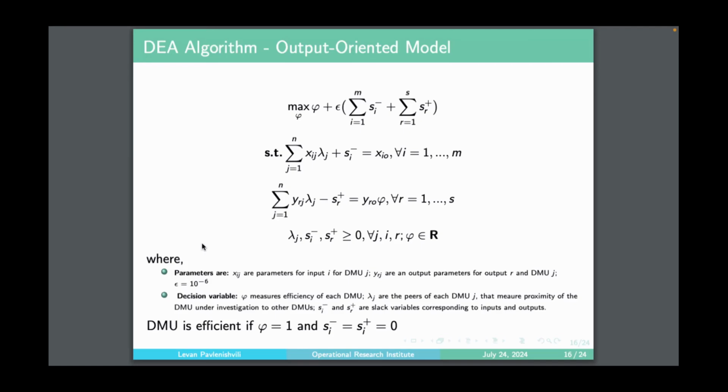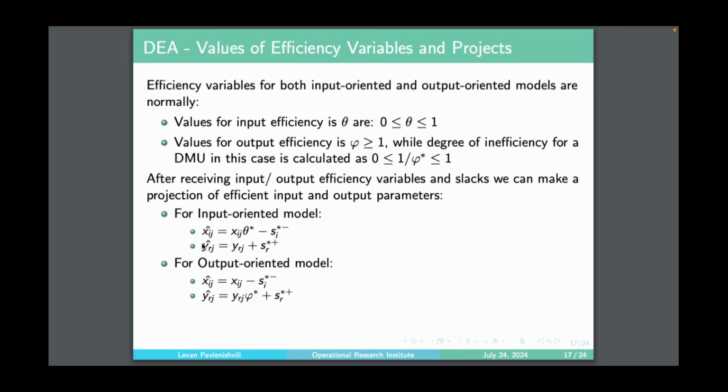Now if I solve this, and consider that I'm doing a data envelopment analysis, let's say for 30 decision-making units, to do this efficiency mapping, I have to solve 30 linear programming problems. Why?